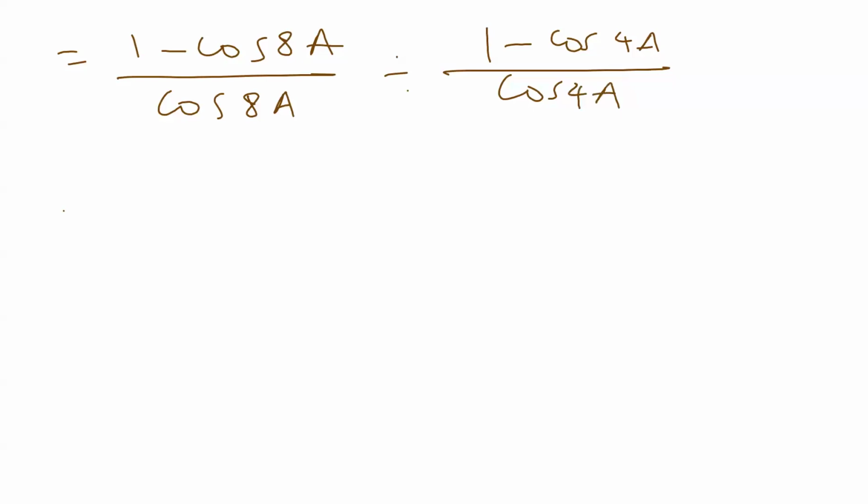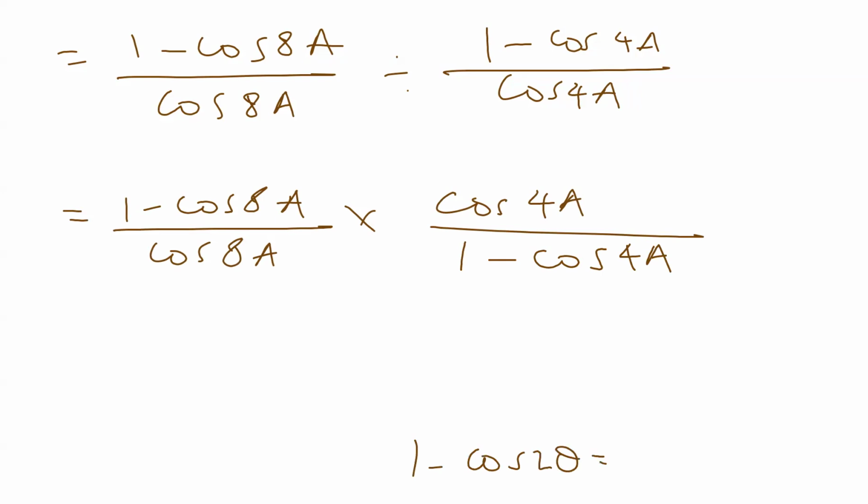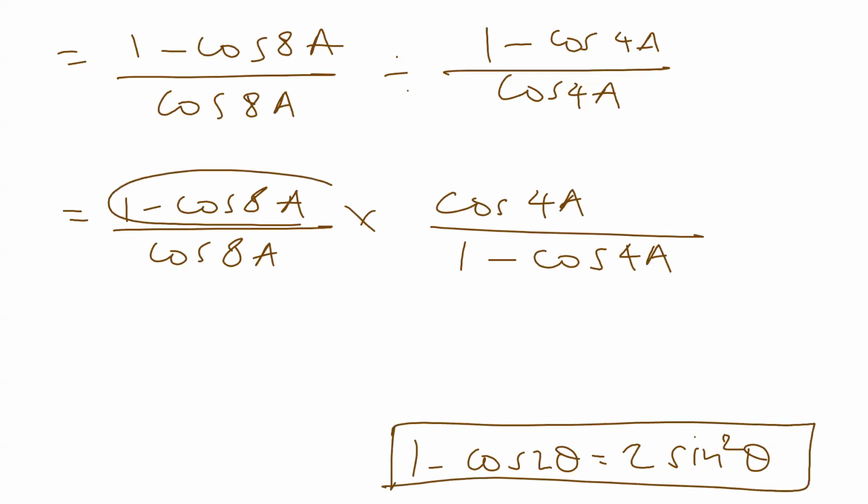So this can be written as (1 minus cos 8a) upon cos 8a into cos 4a upon (1 minus cos 4a). Now 1 minus cos 2 theta is 2 sin square theta. So this formula I'll apply here as well as here.